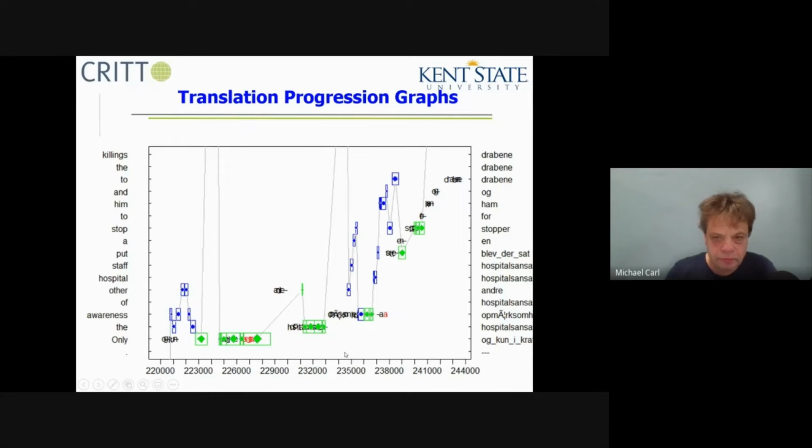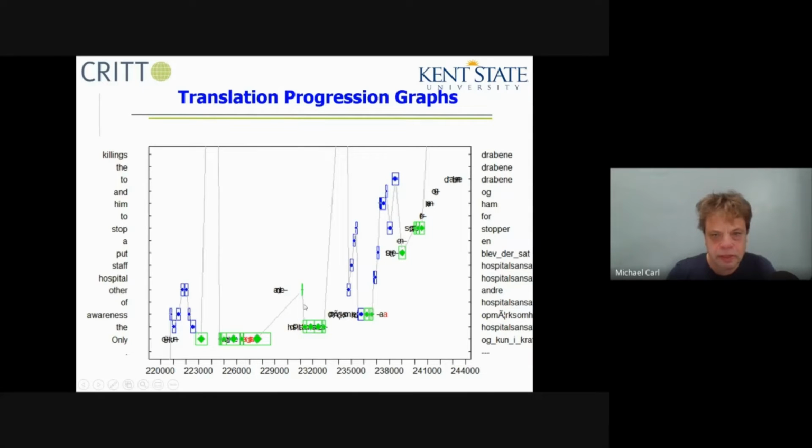Here we have the typing of this phrase, "O kun I kraft," or something like this. This expression here is typed all very quickly, while the translator reads already ahead what comes next, then monitors on the target side, meaning on that screen in the lower part that I showed previously, what happens here in red. Then there are deletions, so types in something, deletes what was just typed here.